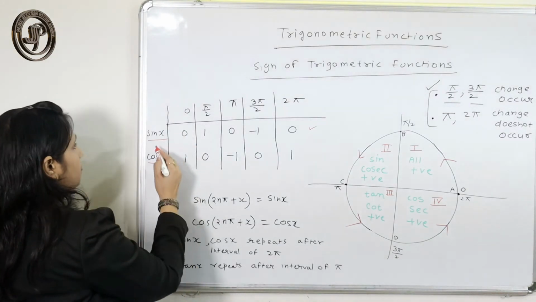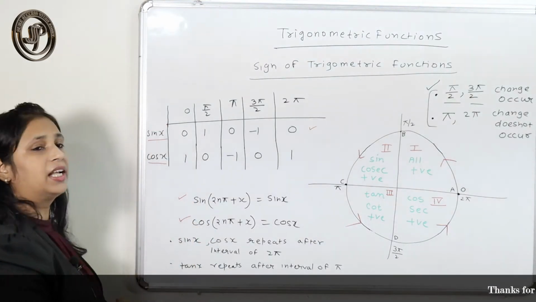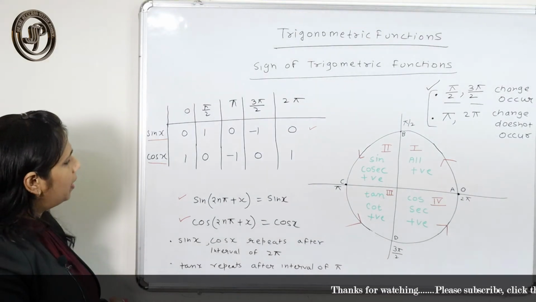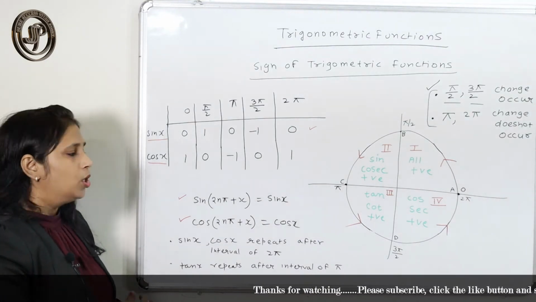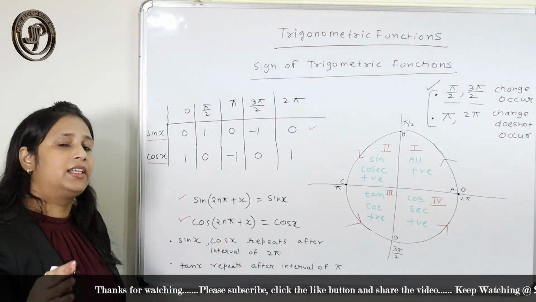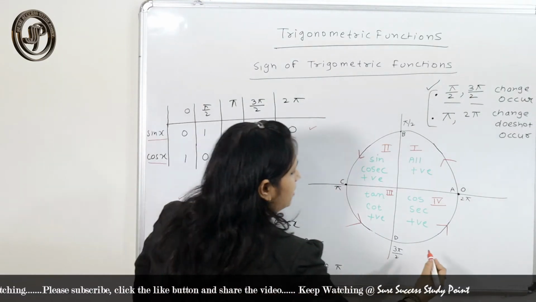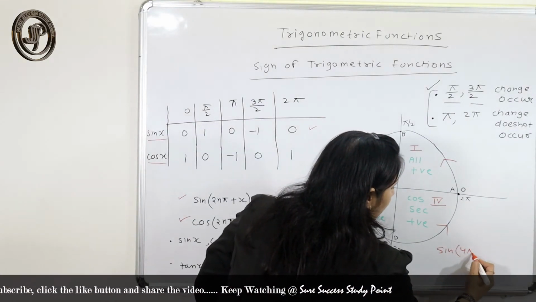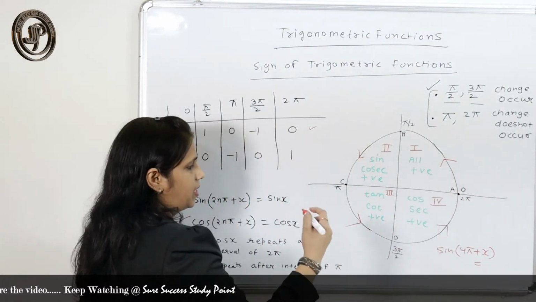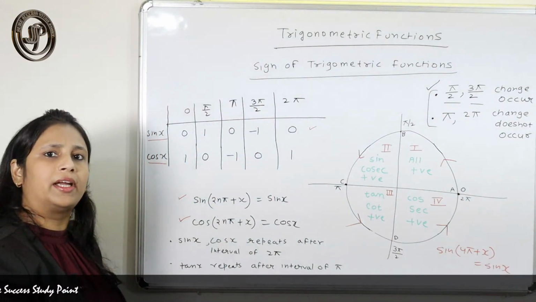So from this discussion, we can write that sine of 2n pi plus theta, or 2n pi plus x, is sine x. If sine of 2 pi plus x is sine x, then 2n pi plus x is also sine x. Sine of 4 pi plus x is also sine x.